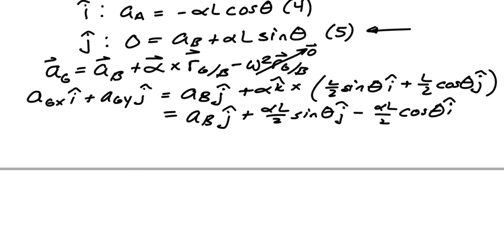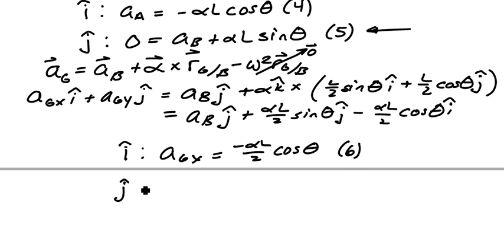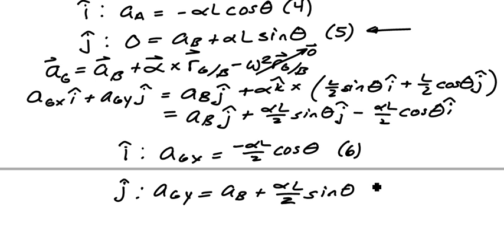In the I direction, we'll have that AGX is equal to minus alpha L over 2 times the cosine of the angle theta. Let's call that equation 6. And in the J direction, we'll have that AGY is equal to AB plus alpha L over 2 times the sine of the angle theta. We can call this equation 7.